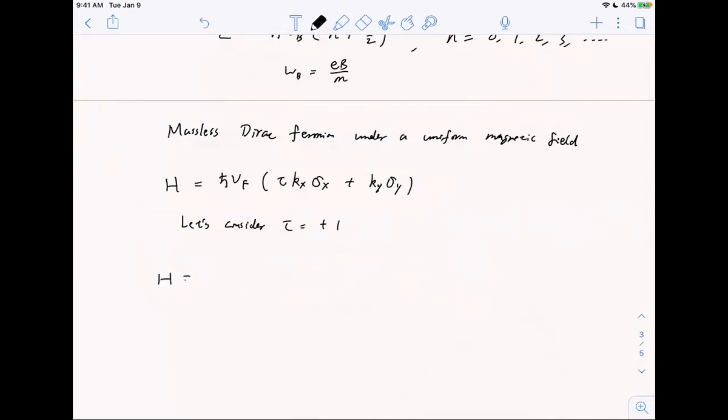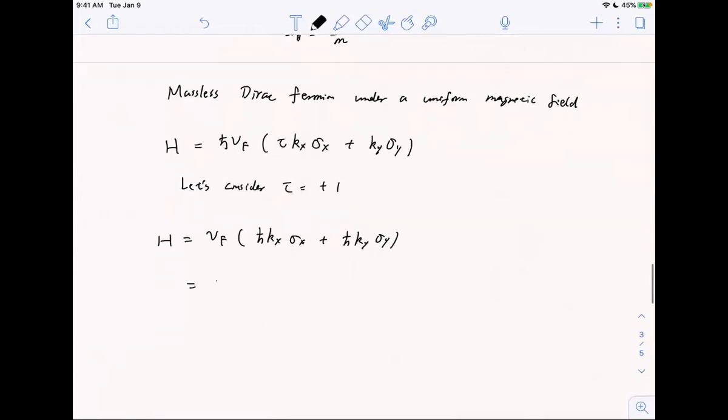And then H will be vF, h bar kx sigma x plus h bar ky sigma y, and this will become px, py.